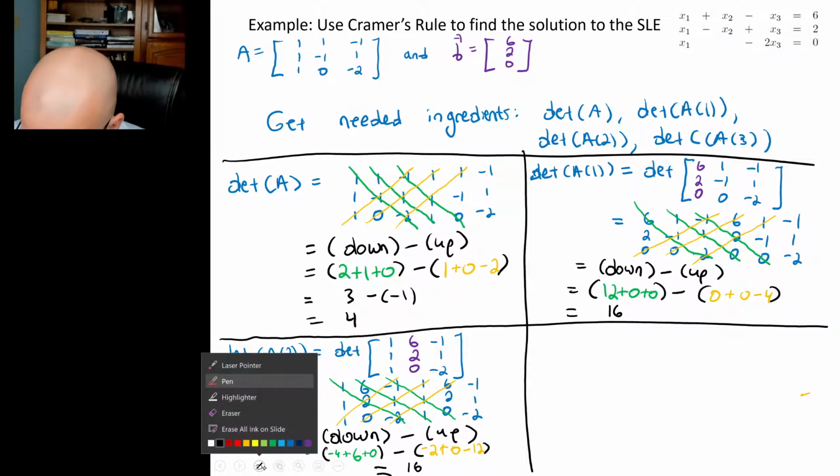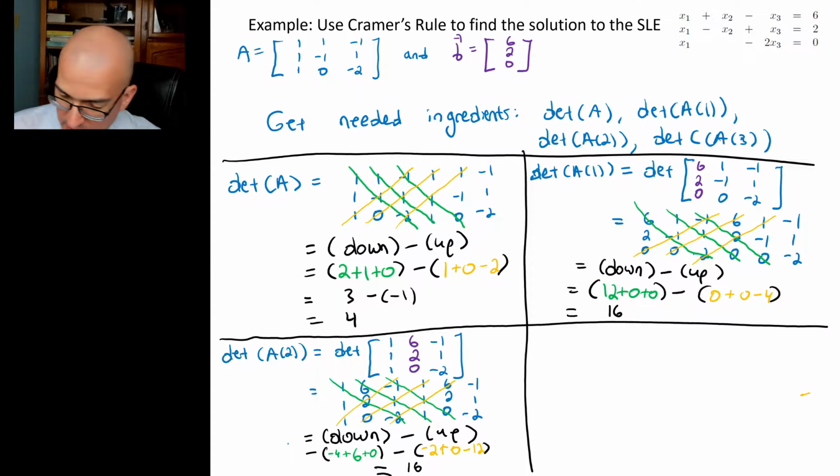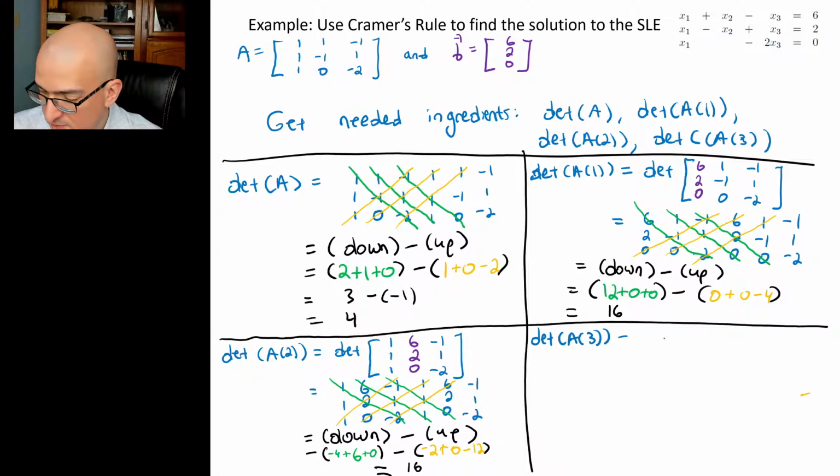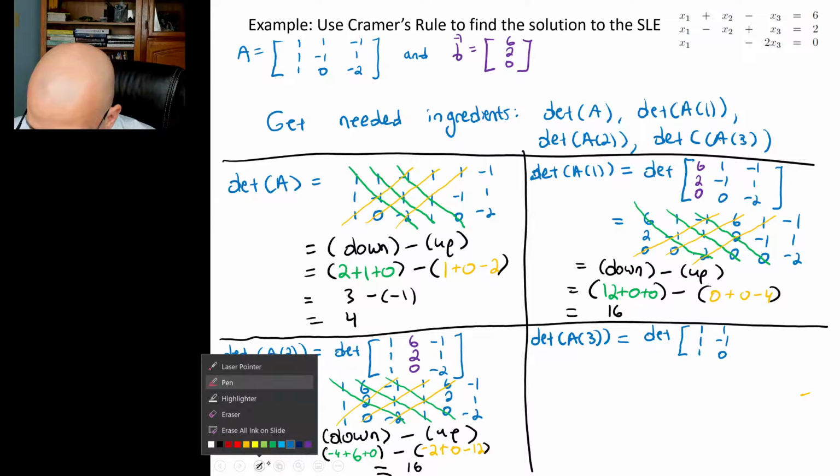Now we have one more. The determinant of the replacement matrix A3. So row 1 stays the same, row 2 stays the same as the original 1, -1, 0, and then row 3 gets replaced by 6, 2, 0.